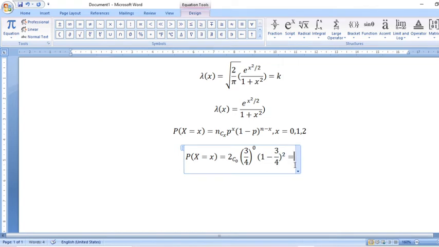That means 1 by 4 into 1 by 4, which is 1 by 16. So this is the value at 0.